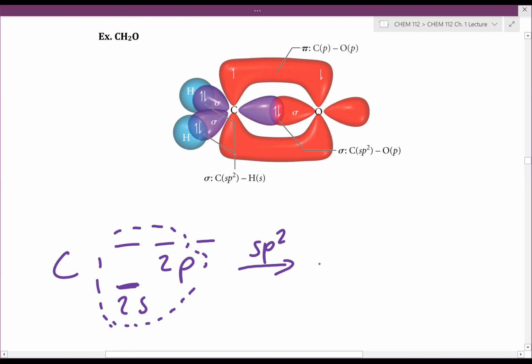We'll draw them lower in energy than our p orbitals and our corresponding sp3 hybrid orbitals from our previous example. So these are our sp2 orbitals. We also have left over a higher energy p orbital. By definition, the p orbital is higher in energy than a hybrid orbital. Okay?